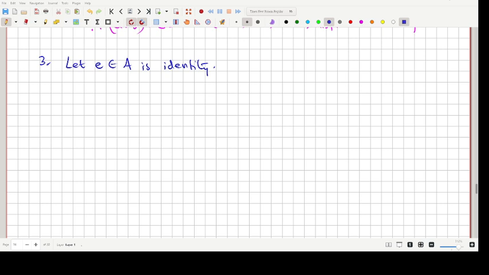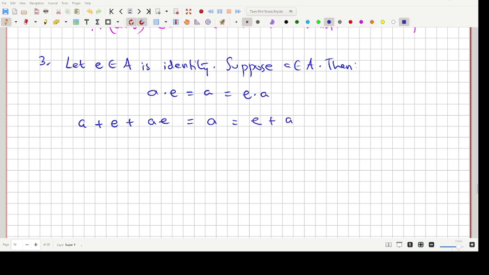So if e is an identity, and suppose we let that a is an element of capital A, then a dot e will be equal to a, and which should in turn be equal to e dot a. Now a dot e is a plus e plus ae, right? And this is equal to a, which is equal to e plus a plus ea, correct?